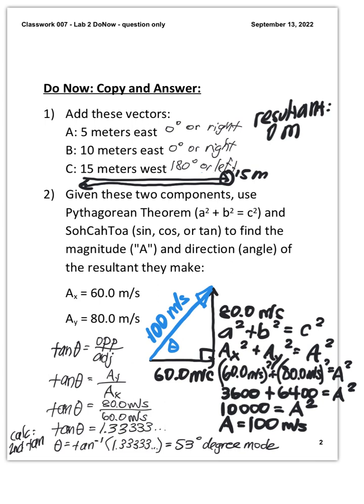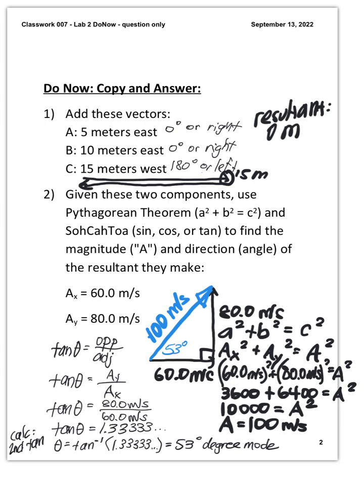I do second tangent of that number, the 1.33, and I wind up with 53 degrees. So the magnitude is 100 meters per second, and my angle is 53 degrees.